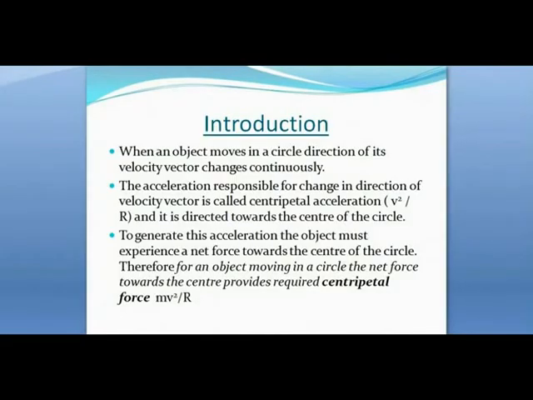Since an object in circular motion is always accelerated, there must be some force responsible for generating this acceleration. This force is called centripetal force, and its direction is always towards the center of the circle, and its magnitude is mv square by r. Taking the same example again, if we have an object moving around a circle, there will always be a force acting on it.